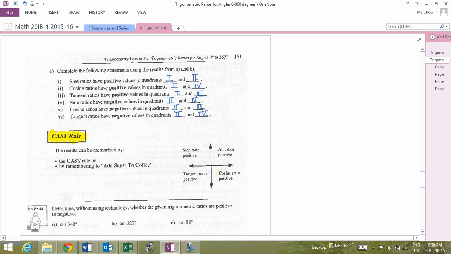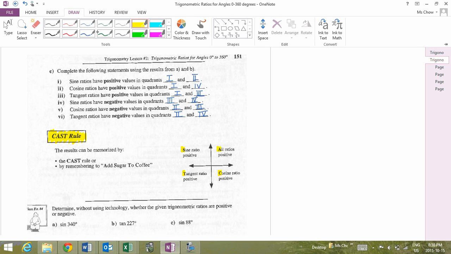So CAST being starting down here in quadrant 4. So CAST tells you what is going to be positive. So in quadrant 4, we have cosine ratio is positive. Quadrant 1, all ratios are positive. Quadrant 2, sine ratio is positive, and quadrant 3, tangent ratio is positive.